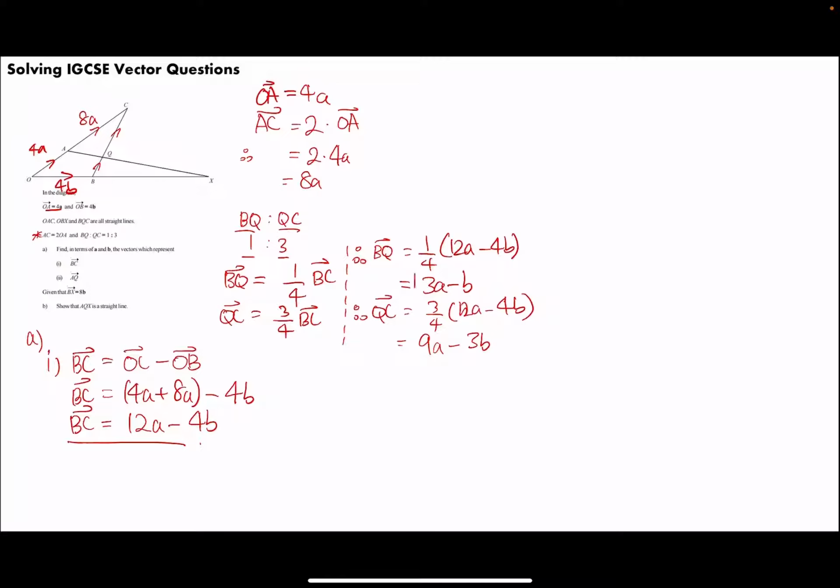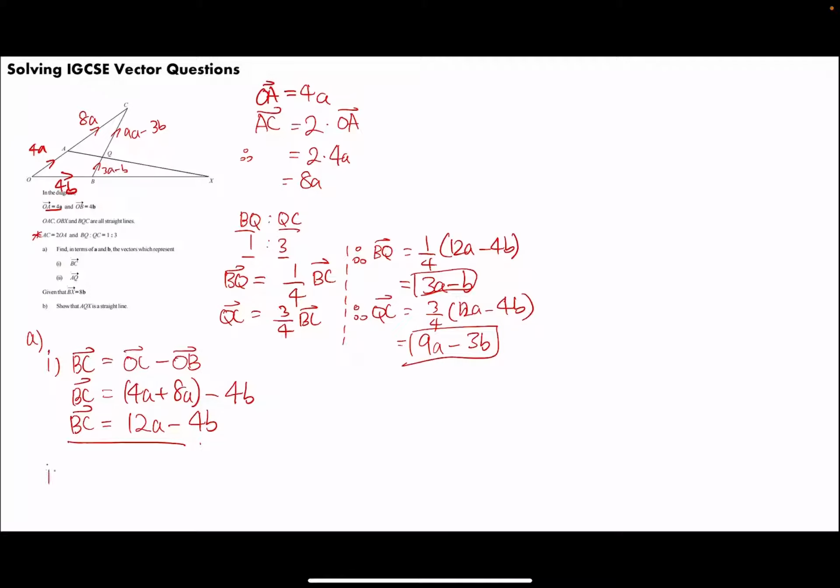So now we know BQ is 3A minus B and QC is 9A minus 3B. The reason I'm labeling all the sides first is because it gets easier later on to solve the harder parts of the question.